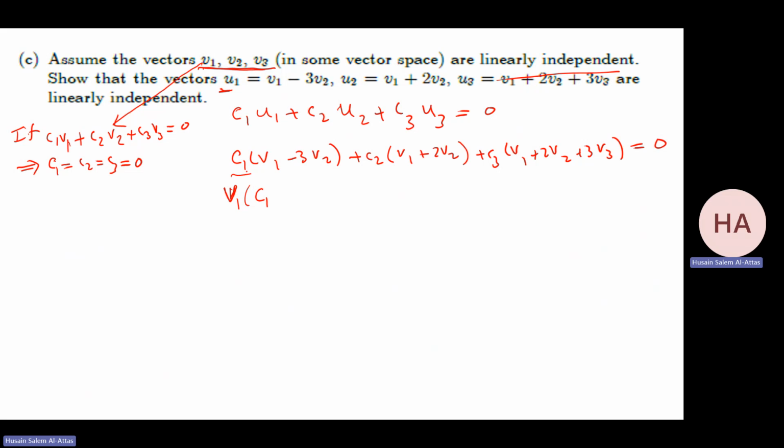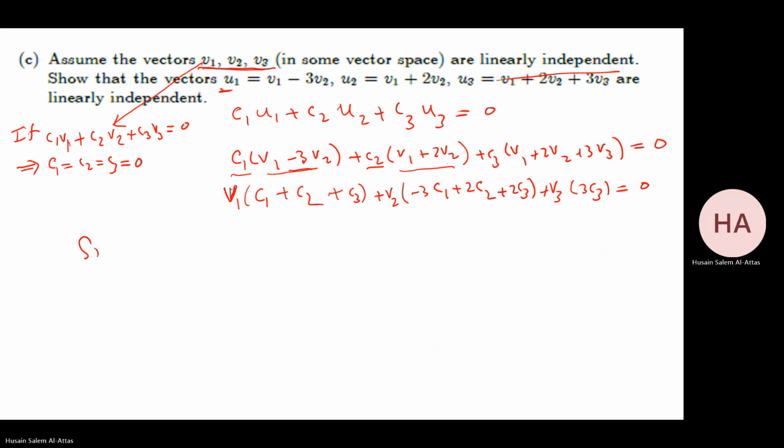I have C1 here, here I have C2, here I have C3. What is the coefficient of V2? For V2 I have here minus 3C1, here I have 2C2, here I have 2C3. What is the coefficient of V3? I don't have V3 here, no V3 here. I have only 3C3 equals 0.